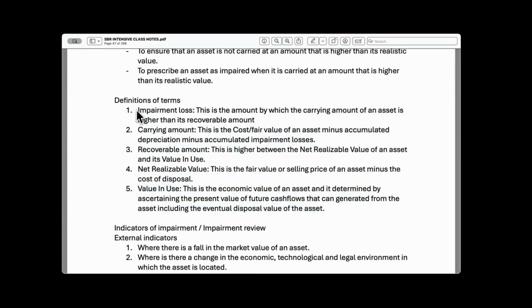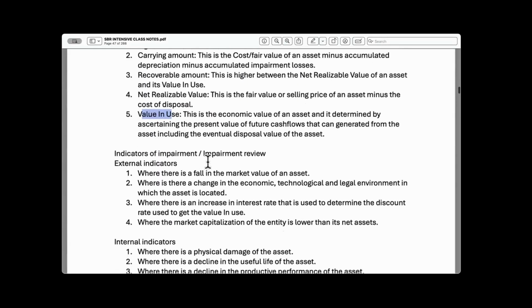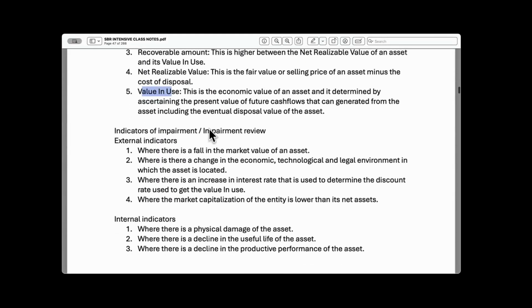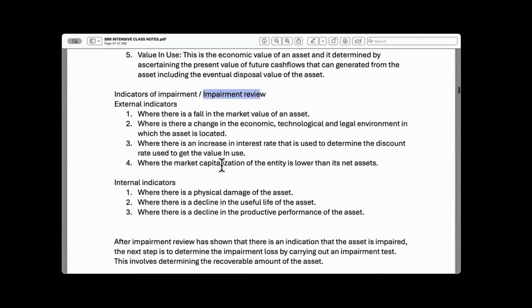So when it comes to impairment loss, you need to know carrying amount and recoverable amount. And recoverable amount is the higher between net realizable value and value in use. Now, what you should take note of is the indicators of impairment, or what we call impairment review.